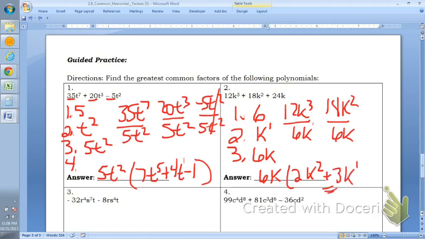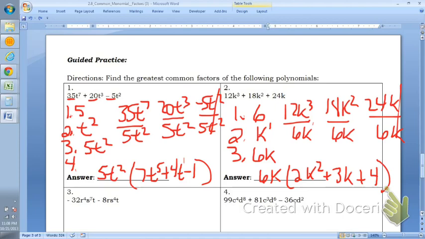You do need to put the positive sign in there, but you do not need to put the little 1 for your exponent. So we do not need to write that 1. 24k divided by the greatest common factor of 6k is equal to positive 24 divided by 6, which is 4. K over k just reduces. You don't need to write anything, and then close it with your parentheses.